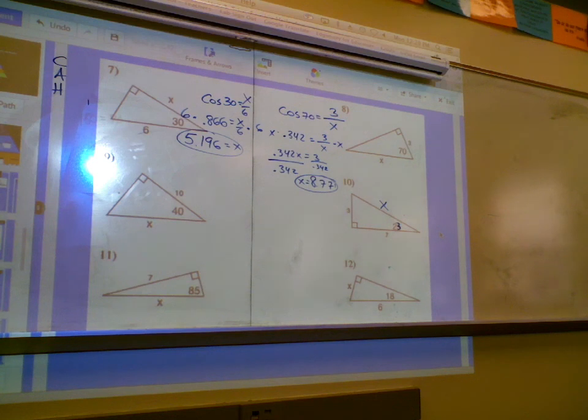For number 2, we've got to do Pythagorean theorem to get the hypotenuse. Nope, I want you to use cosine with a hypotenuse.